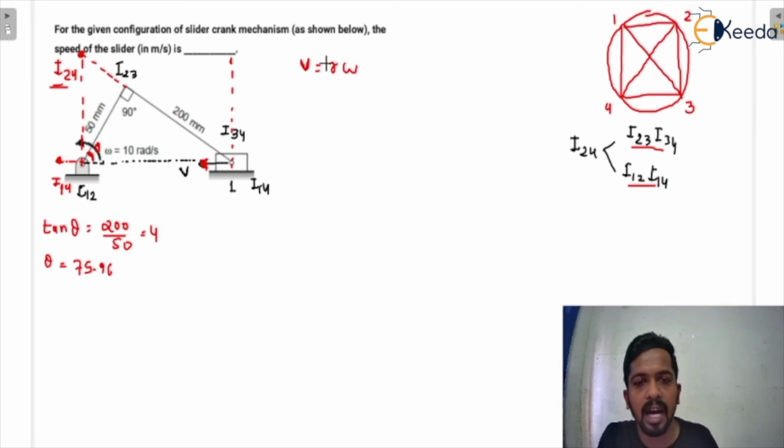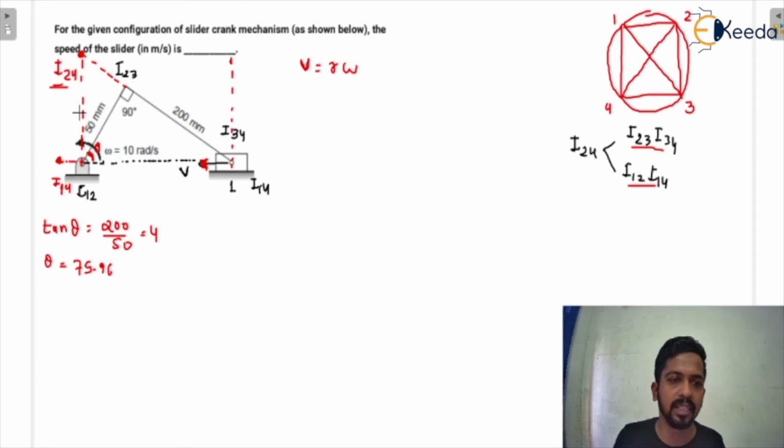Now finding R is the important task, because we have to calculate this length. Now see here, if this is 75.96 degrees, what would this be? That is 90 minus 75.96, so you will get 14.03 degrees.